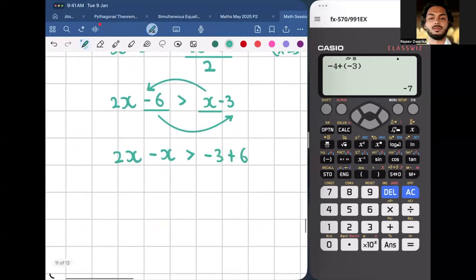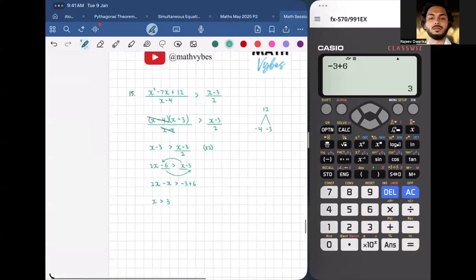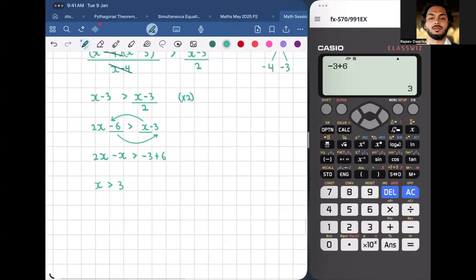And 2x minus x is x, right? And minus 3 plus 6 is, what is minus 3 plus 6? 3. Right? 3. So let's draw the number line for that.